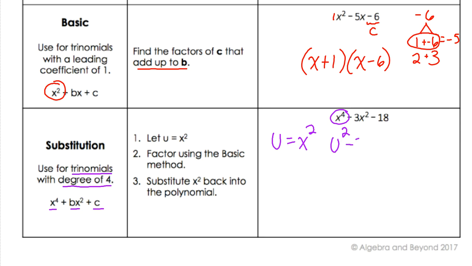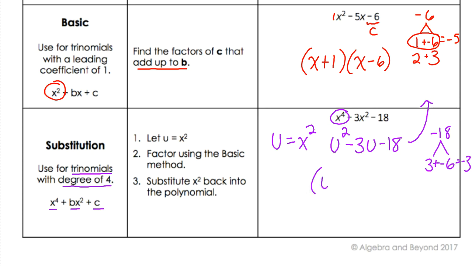All right, then I'm going to subtract 3, and again, I'm going to substitute in for x squared, a u. And then the minus 18 we can't do anything with. So now it is a basic trinomial, so we're going to factor it the same way. I'm looking for factors of negative 18 that add up to negative 3. When I think through that, 3 and 6 make a negative 18 if I make one of them negative, and those added together would equal negative 3.